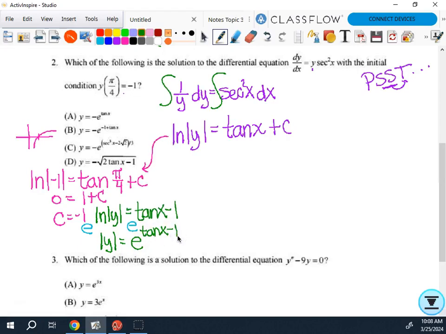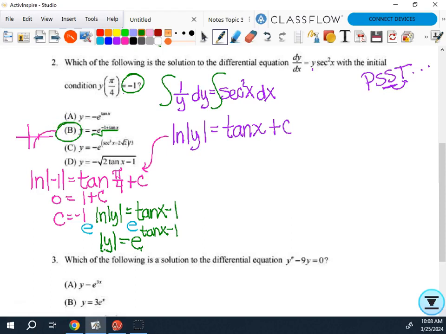Now, when I look at my answer choices, the exponent and everything all looks good, except that's negative and this is not. But this is the absolute value, okay? So y can either be this or negative this. And when you look up here, your y is negative. That's how we know this one's negative and B is my answer.